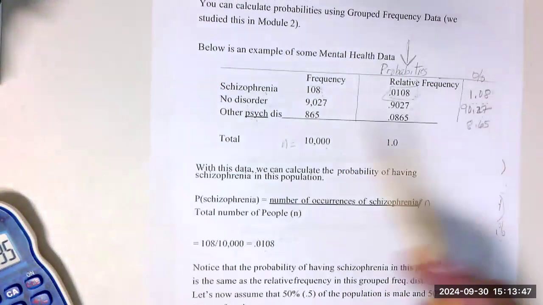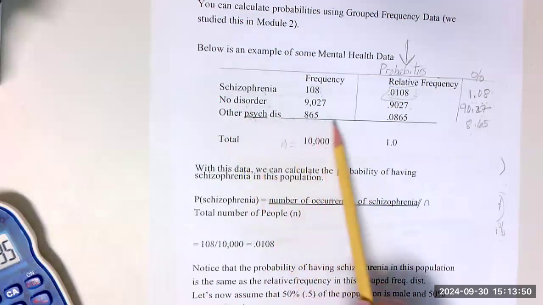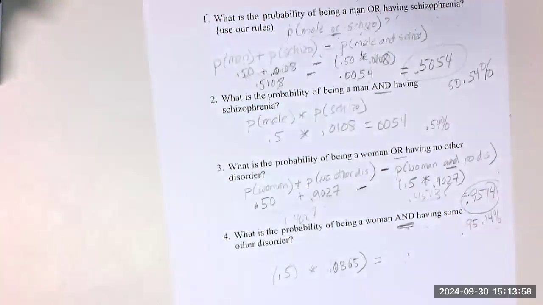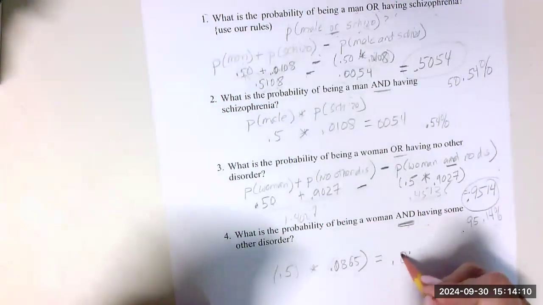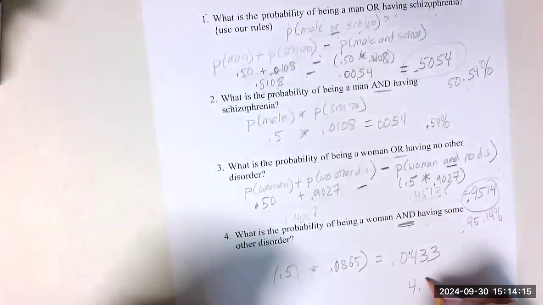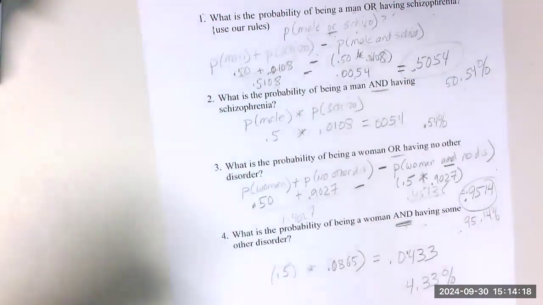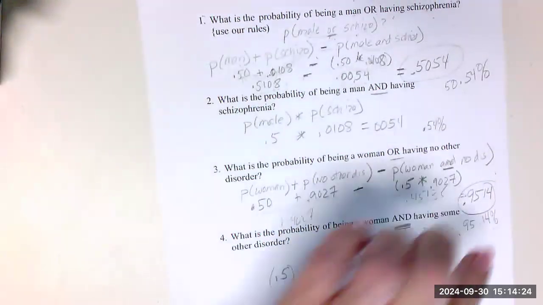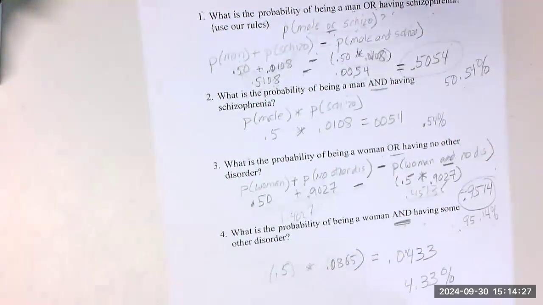So here is some other psychiatric disorder right there. So we're just going to multiply those two things together. And when we do that, let me put it in my calculator. It's 0.5 times 0.0865, and we get a probability of 0.0433. So you have about a 4.33% chance of meeting the criteria of being both a woman and having some other psychiatric disorder.